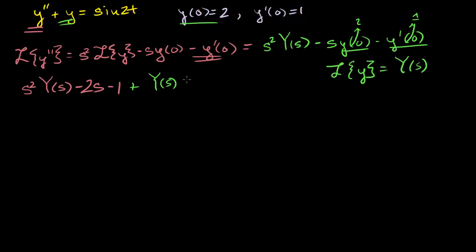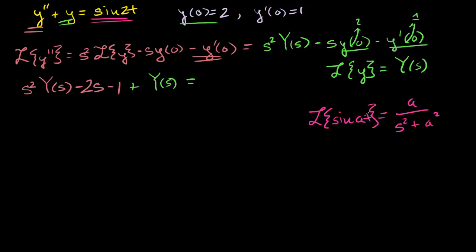And then this is going to be equal to the Laplace transform of sine of 2t. I showed you in a video last year what the Laplace transform of sine of at is, but I'll write it down here just so you remember it. The Laplace transform of sine of at is equal to a over s squared plus a squared.